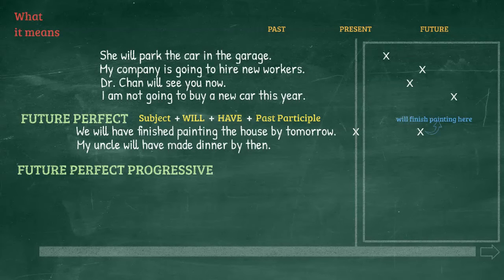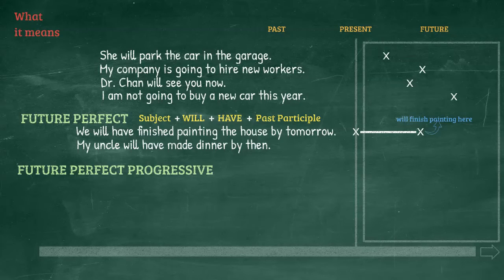Again, we use the future perfect because we are connecting the present moment with something that will be important in the future. If we just used the simple future, we will finish painting the house by tomorrow, it would still mean that we are painting the house right now and that we will finish it by tomorrow, but it wouldn't really explain the importance of finishing the job.